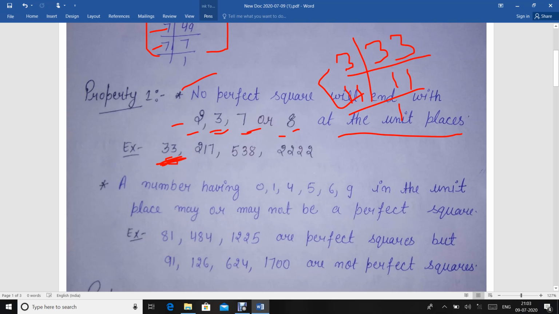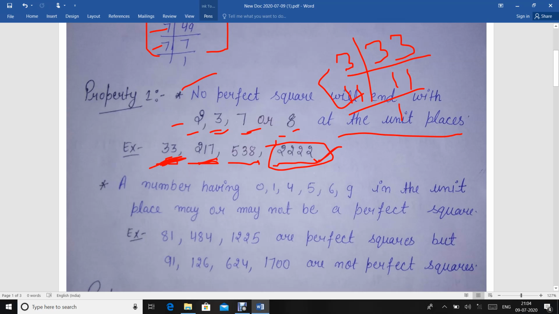It is not making a pair, so it is not a perfect square. Similarly 217 is also not a perfect square. 538, after doing the prime factorization of 538, you will find that it is also not a perfect square. The next is 2222. You can do the prime factorization of 2222, and you will find that it is not a perfect square.